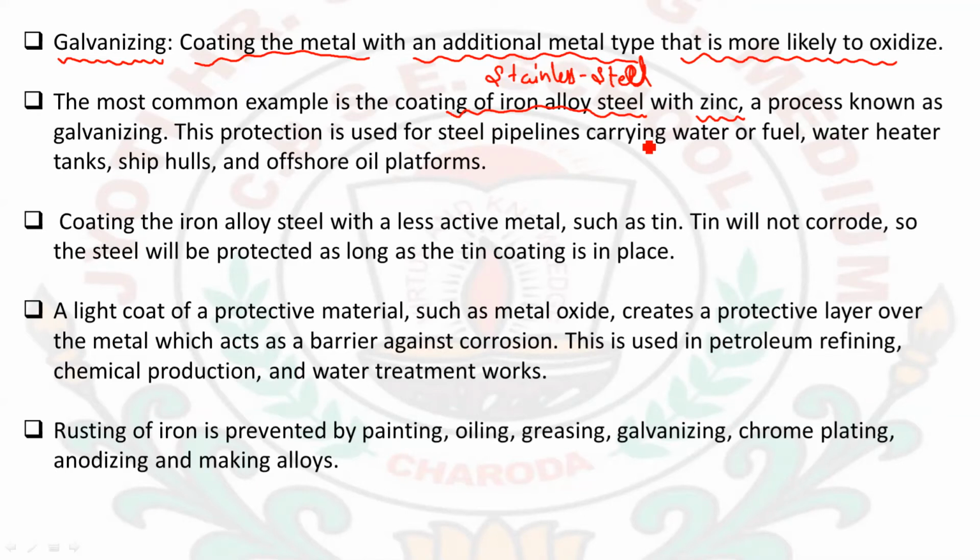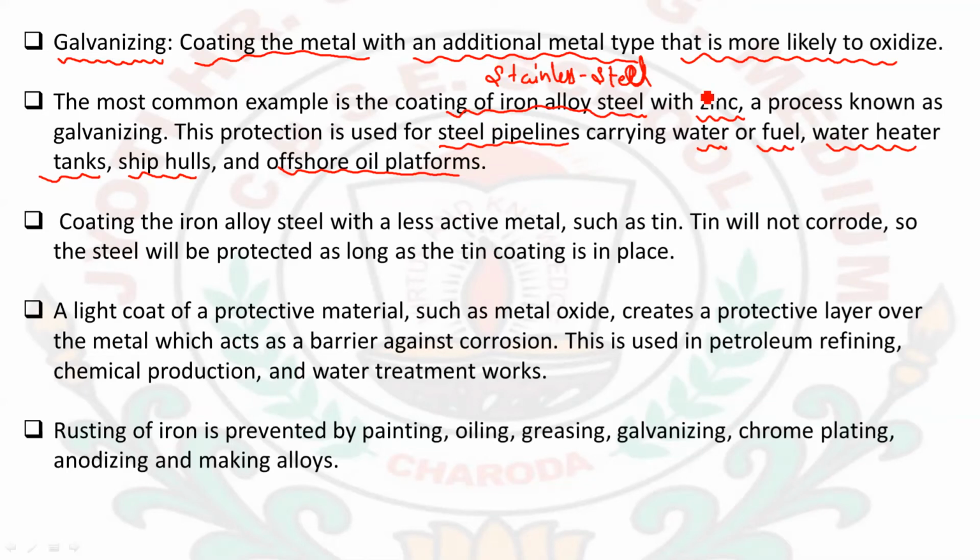Generally this process is used for making steel pipelines which carry fuels or water, and in water heaters, tanks, ship hulls, offshore oil platforms, and all those places where water is in general use.